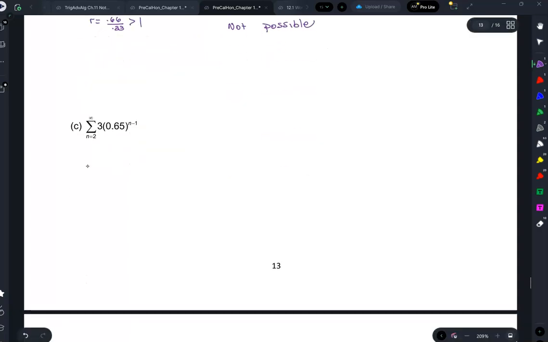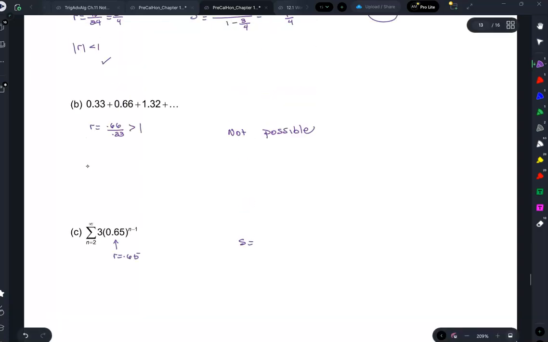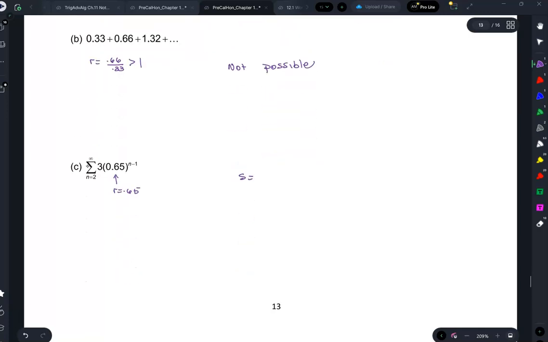Okay, here we go. Here, this is r, 0.65. So S is going to be A1 over 1 minus r, right? For that, we need the first term. Okay, so the first term is when n equals 2. 3 times 0.65 to the 2 minus 1, 1.95.